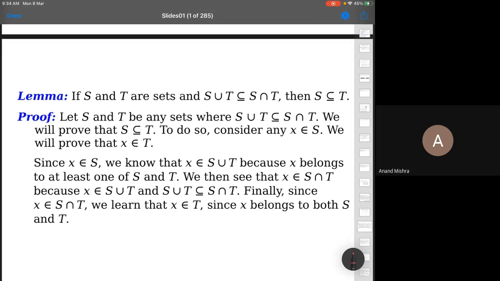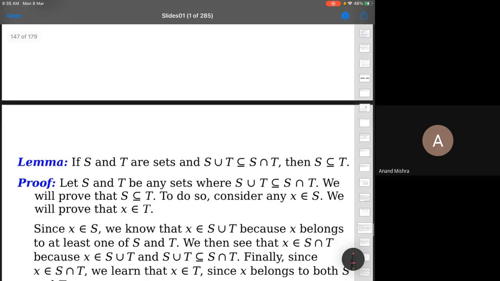If you start with X which belongs to S, we need to show that it also belongs to T, and that's very trivial to do, right?